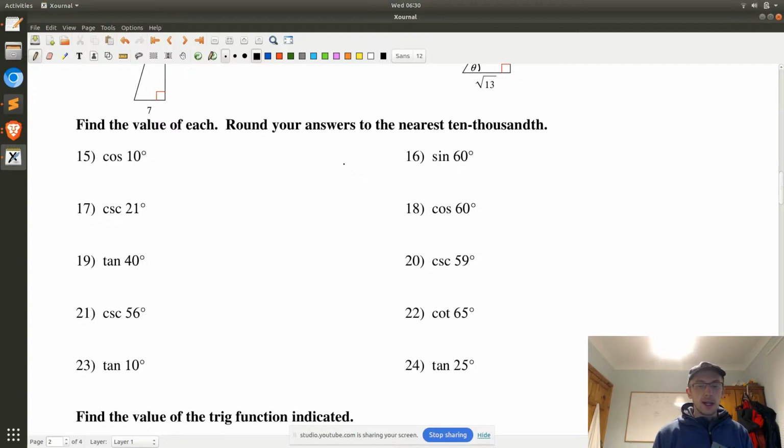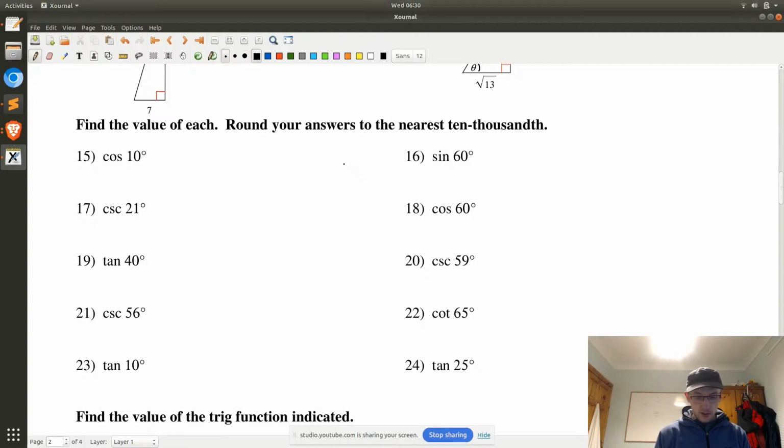But if you use that, know that it's not in degree mode. Like if you type in cosine of 10 into Google, they don't know that you're working with degrees. So type in cosine of 10 degrees.